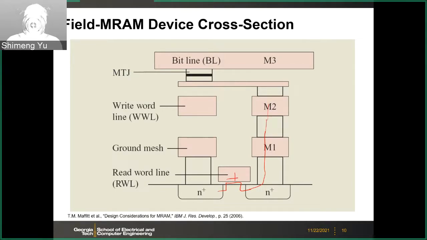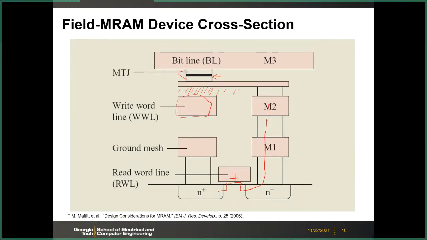You make it up. And then here, this is the MTJ structure. You have two magnetic layers separated by this internal barrier. Here, this write wire line is a metal line right underneath the MTJ, and then here there's isolation in between.